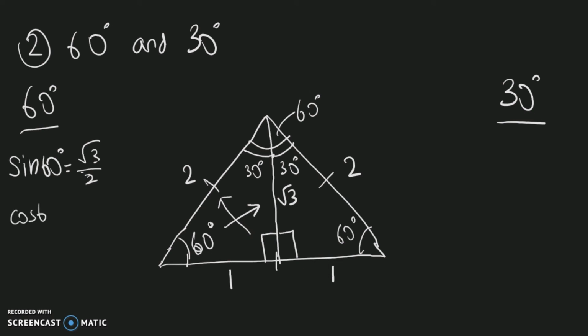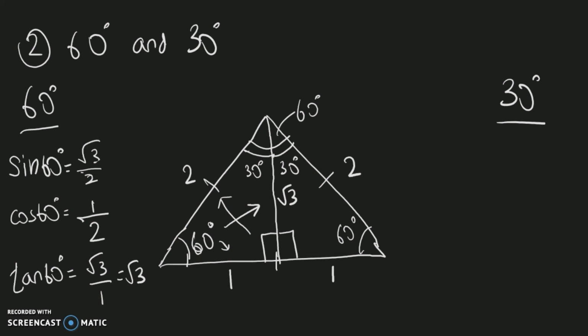Cos of 60 degrees: the adjacent of the 60 degrees is 1, and the hypotenuse of this triangle is 2. Tan of 60 degrees: the opposite is the square root of 3 and the adjacent is 1, which makes tan 60 degrees the square root of 3.